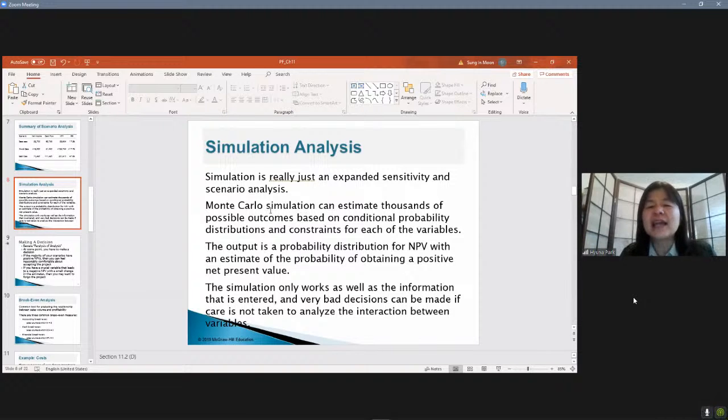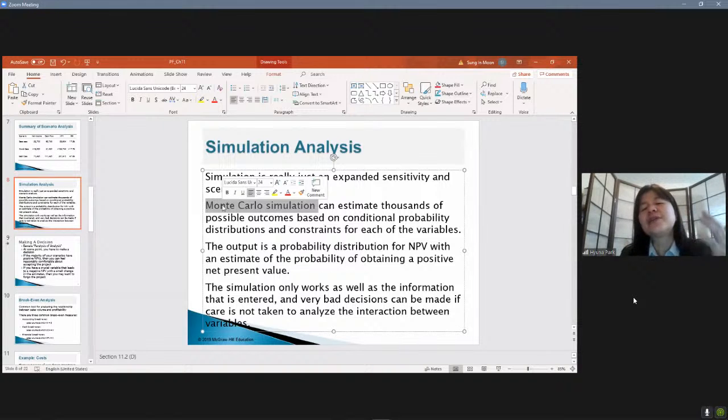In that case, you need to apply a programming language and skills like Monte Carlo simulation. There are software packages and tools that can estimate thousands of possible outcomes based on relationships between those variables.